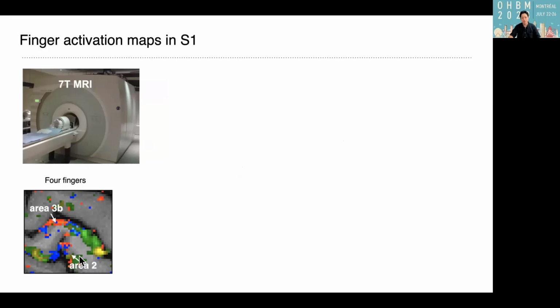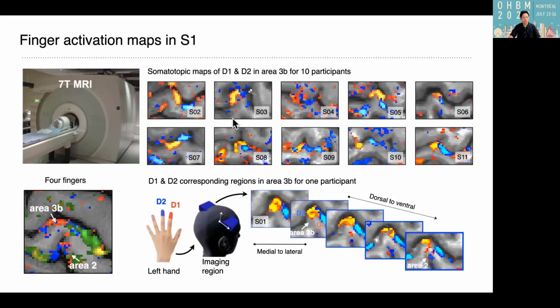And here are the BOLD color maps of index and middle fingers from 10 subjects. You can see some individual differences, but all subjects show the same finger arrangement along area 3B. But to see the finger distribution from both columnar and layer dimensions, we have to define a finger mask for each area based on these results.